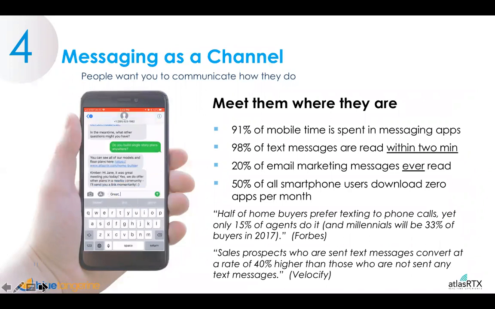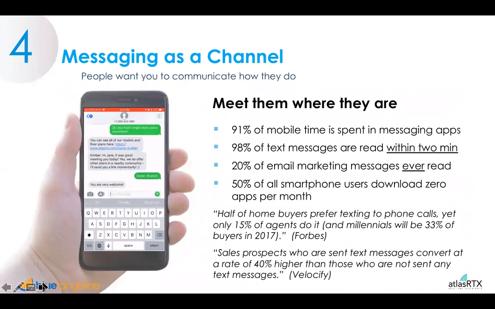We have started to have so many things on our phones, so much clutter, that the number of apps people are downloading has really shrunk dramatically. So 50% of us download 0 apps per month. The main reason being that if it's not something you're going to be using every single day, that's a lot of bloat to have on your phone, a lot of special navigation and things to learn just to perform a couple functions or get a few pieces of information.